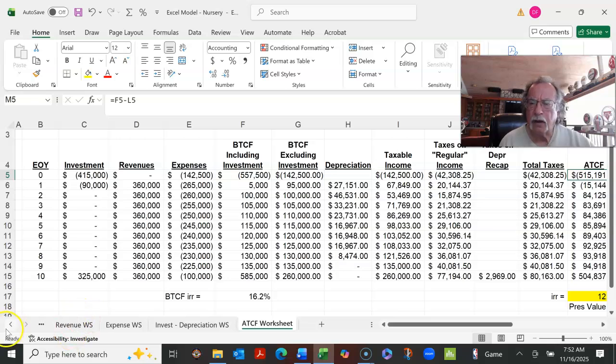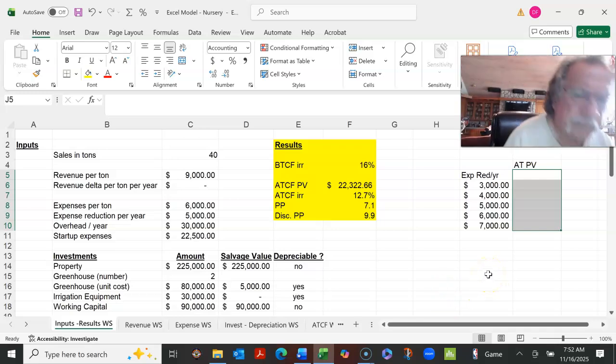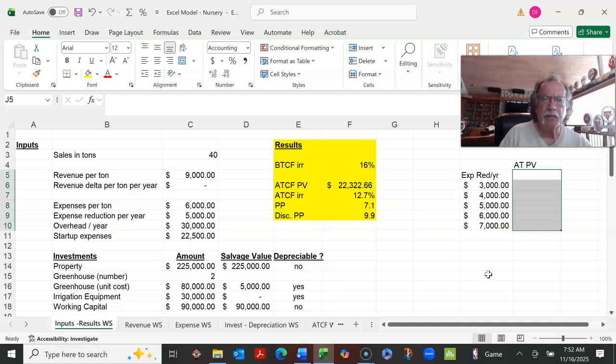Now, however, what I want to talk about now is doing simple scenario analysis. So what that means is most people will come up with this type of a thing. They're going to get these numbers, these 16%, these performance variables here. What you want to test is, well, what if I'm wrong in doing my estimates for expenses, for example, or better yet, expense reduction per year.